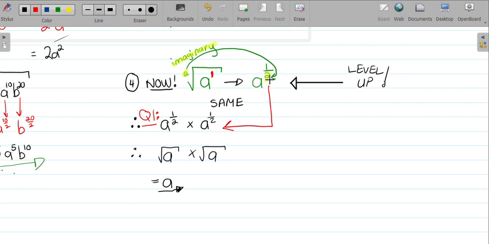Well, I just showed you that a to the power of a half is the same as the square root of just this base over here. So we could write a to the power of a half as the square root of that base. Does that make sense? And then similarly over here, a to the power of a half is the same as the square root of the base.